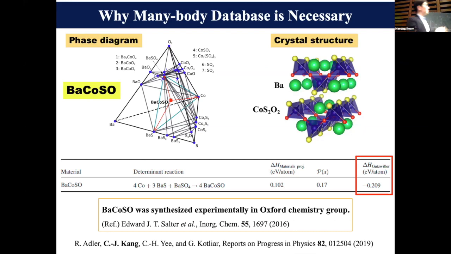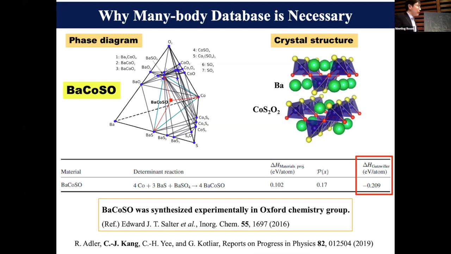However, in the previous talk, Megan mentioned that BaCoSO was eventually synthesized in experiment. And also in 2016, an Oxford chemistry group reported that they successfully synthesized this material in experiment. So this finding encourages us to check the global stability more thoroughly.